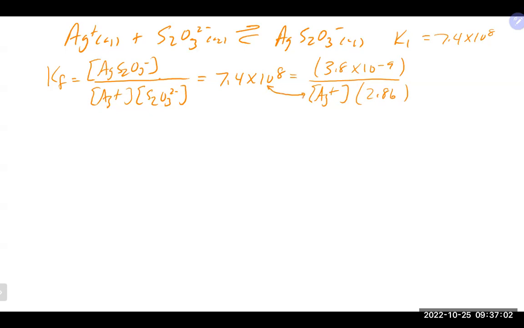And that would give us that the silver here would equal 3.8 to the minus 9 divided by 7.4 to the 8 and divided by 2.86, which gives us a silver concentration of 1.8 times 10 to the minus 18 molar here.